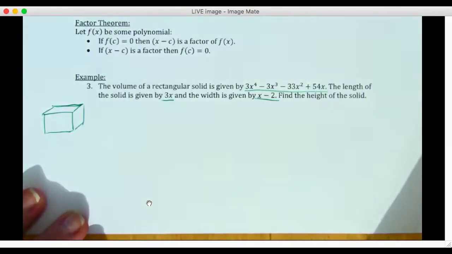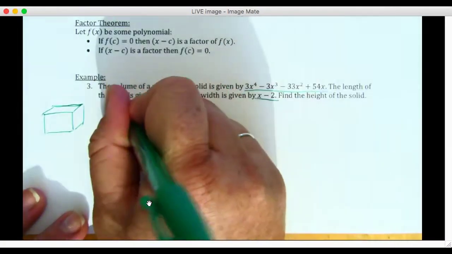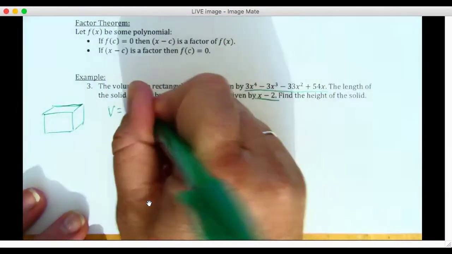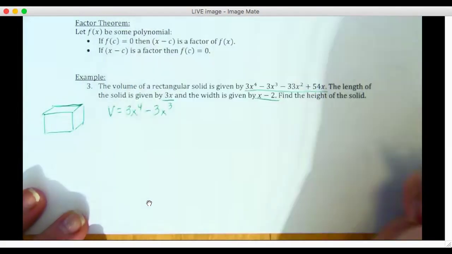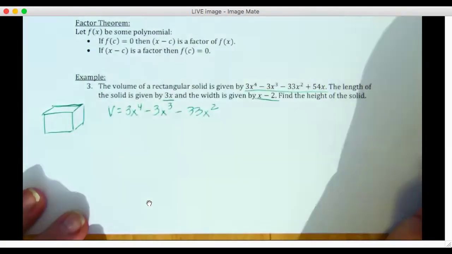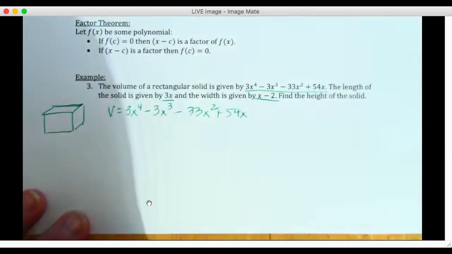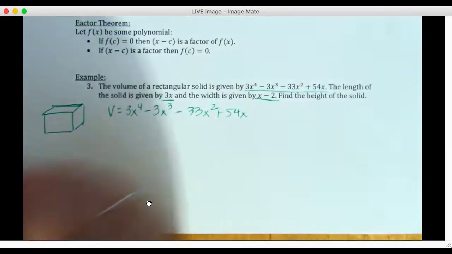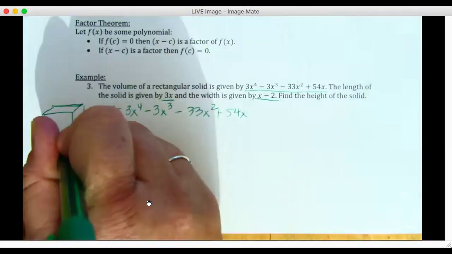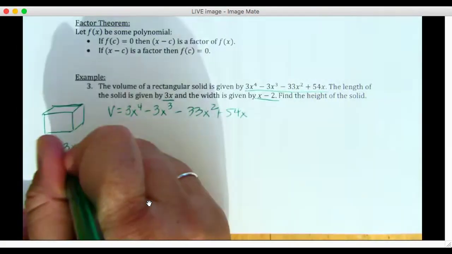And we're told that the volume is equal to 3x to the 4th minus 3x cubed minus 33x squared plus 54x. And then we're told that the length is equal to 3x and the width is equal to x minus 2.